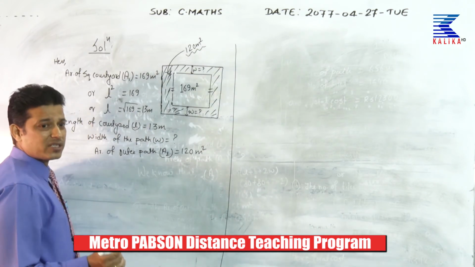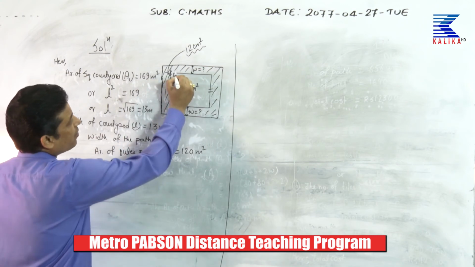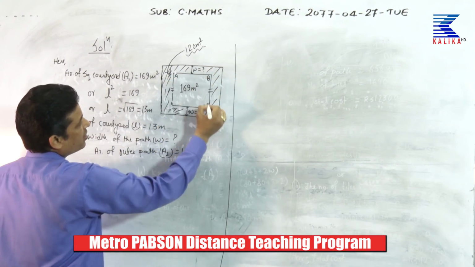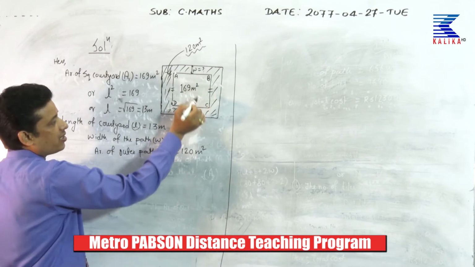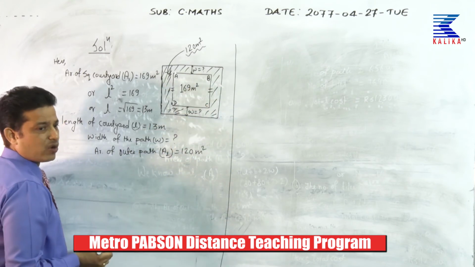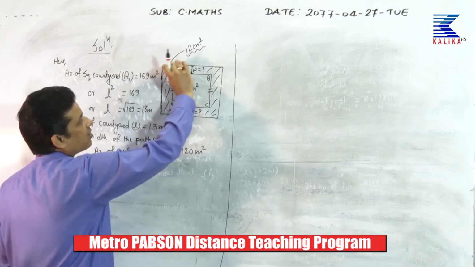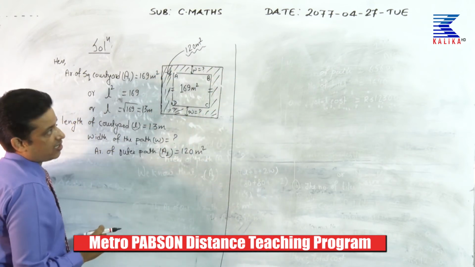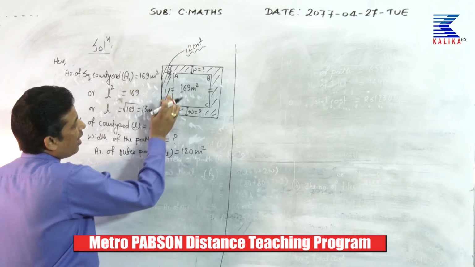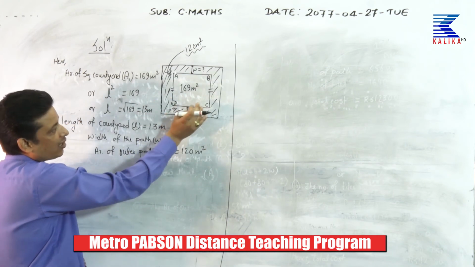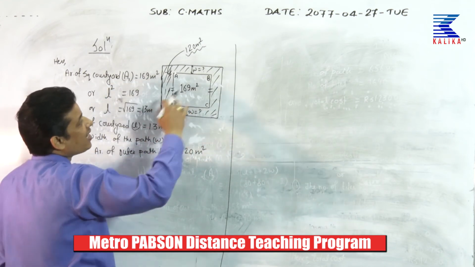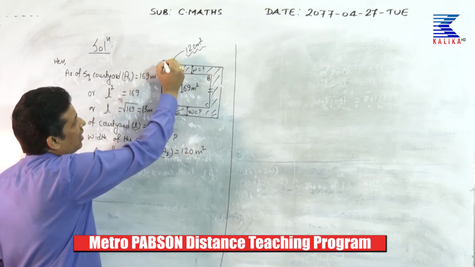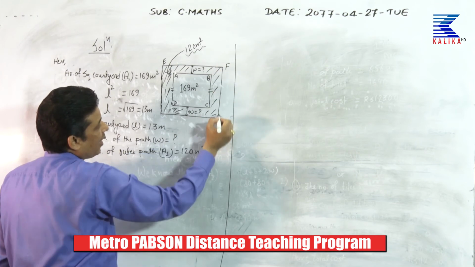To ask that question, let me name the figure. Let us suppose this ABCD is the actual square courtyard and one path is constructed outside of it. Then you see, after adding this area of path to ABCD, when we construct a path, the next square has been formed. Let us name it EFGH.